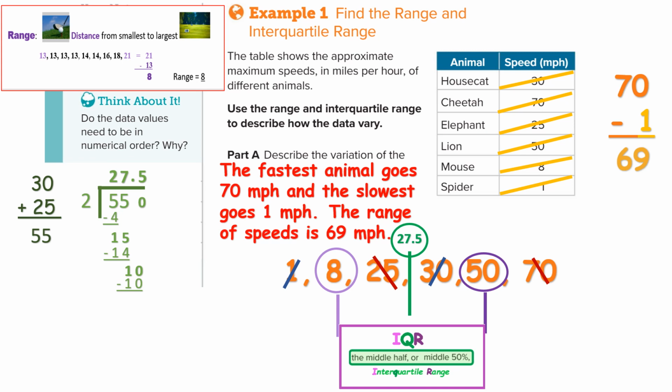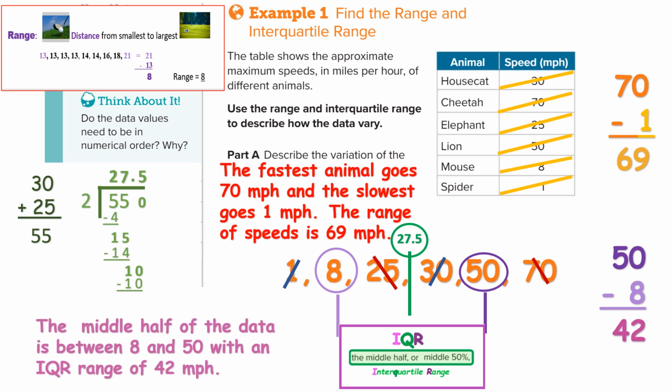And when I want to find my interquartile range, once again, what is the middle half? The middle 50% of the data. Where are they going to be found? Well, they're going to be found in a range from 8 to 50, which is a range, right? A distance, a difference of 42.